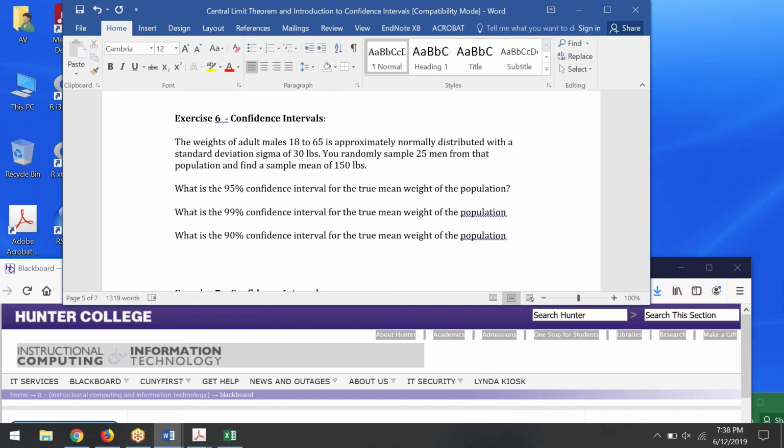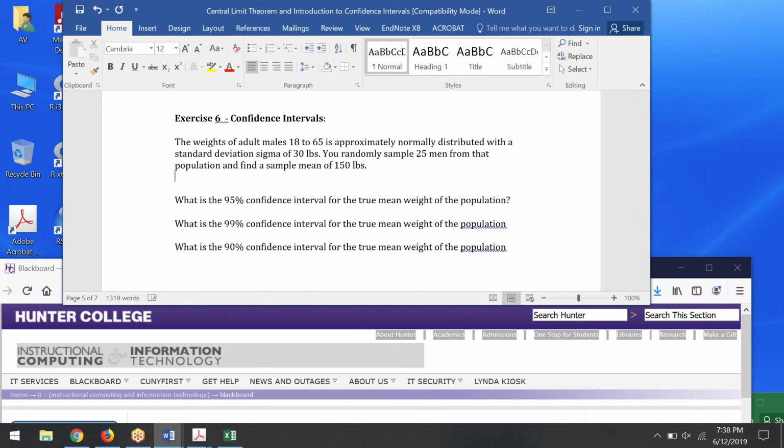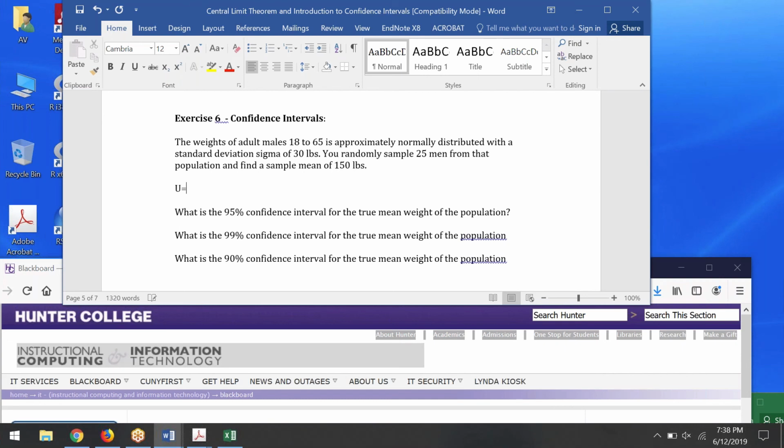But for our first look at confidence intervals, we're going to say that we don't know what the true mean is. We don't know what mu is. Mu is unknown to us. But we do know what sigma is. Sigma is equal to 30 pounds.